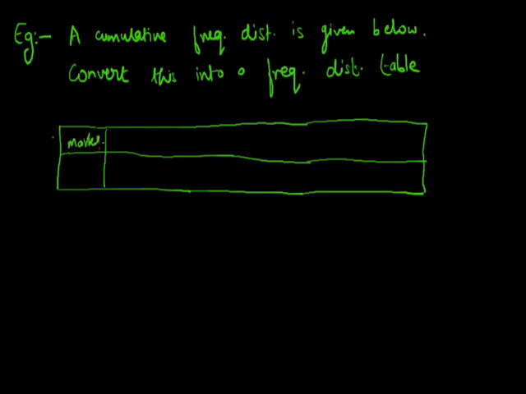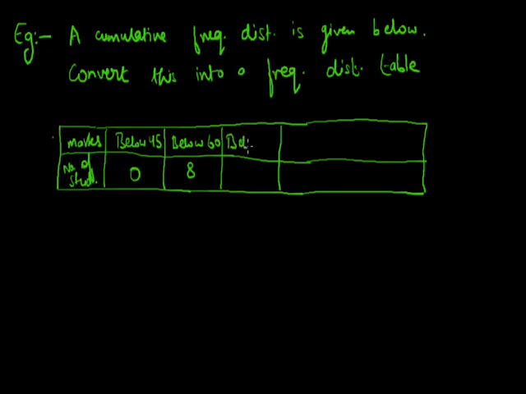So these are the marks and accordingly the number of students. Marks and number of students. So marks below 45, number of students 0. Marks below 60, number of students 8.